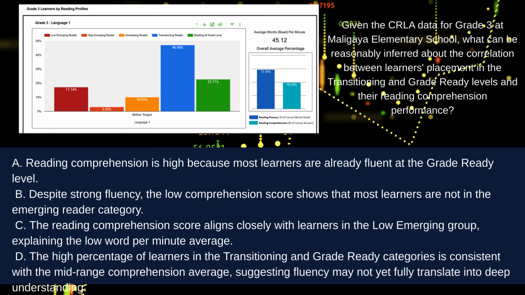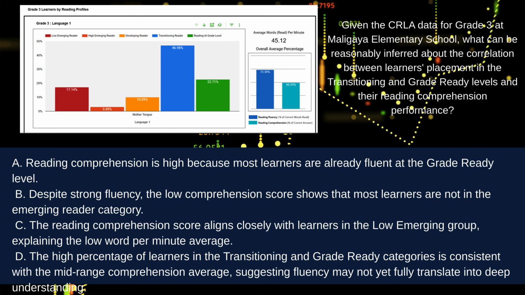B. Despite strong fluency, the low comprehension score shows that most learners are not in the emerging reader category. C. The reading comprehension score aligns closely with learners in the low emerging group, explaining the low word per minute average. D. The high percentage of learners in the transitioning and grade-ready categories is consistent with the mid-range comprehension average, suggesting fluency may not yet fully translate into deep understanding.